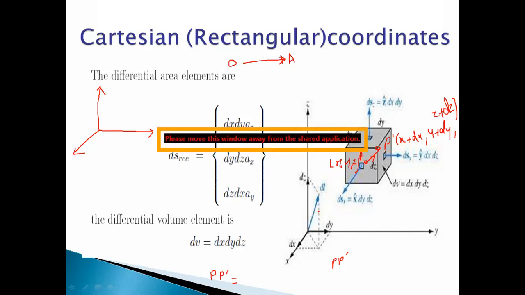So when we are considering the vector PP dash, it is P dash minus P, right?